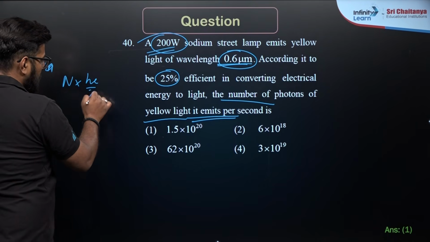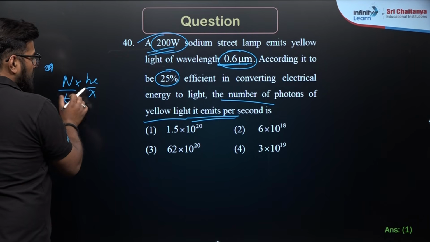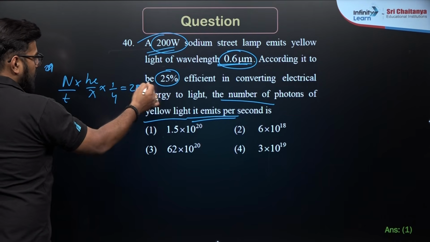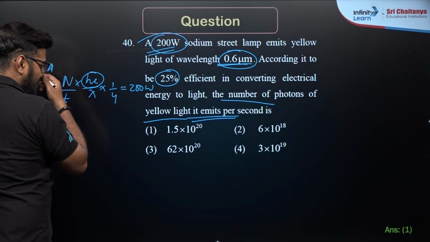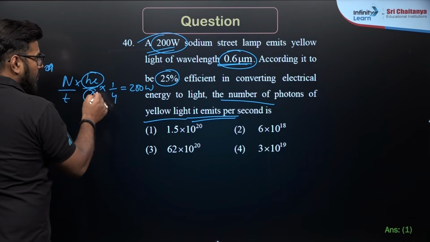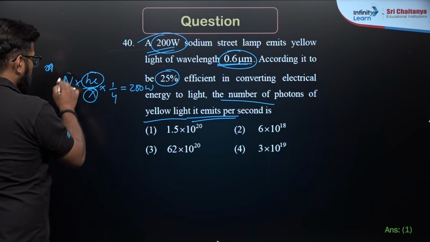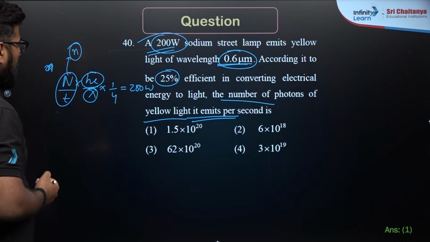Every photon has energy hc upon lambda. So this is the total energy divided by time, this is the power, and 25%, that is 1 by 4, will be equal to 200 watt. hc value you know, 12400 in eV angstrom. This lambda also you know, it is given in micrometers. So change the values. You will get the value of small n they are asking. Okay, so I hope there is no trouble in this.